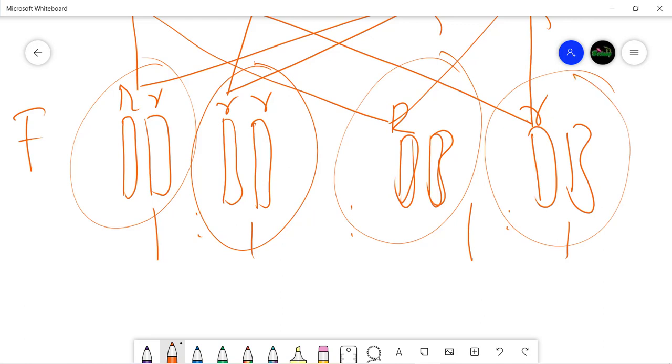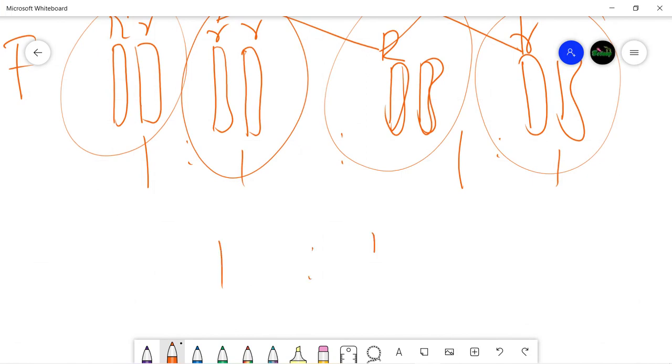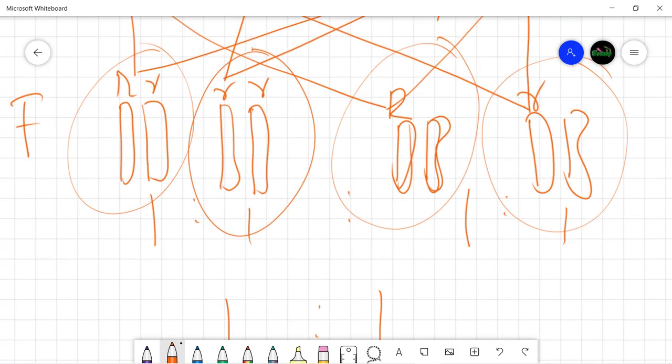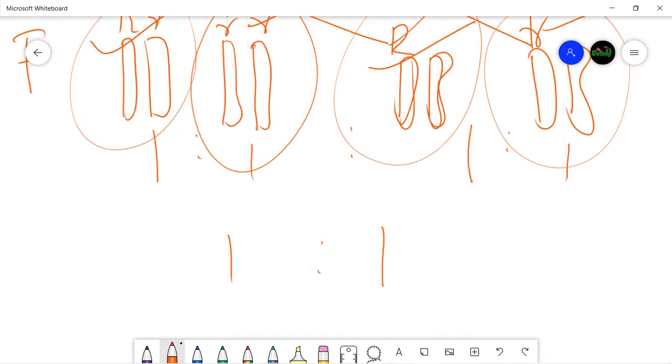So we do have red color and white color, and if you combine the red-eyed flies and white-eyed flies, it will make 1:1. So this is red-eyed, and this is white-eyed. So 2:2 or 1:1. So in the F2 we have 50% red-eyed flies and 50% white-eyed flies.